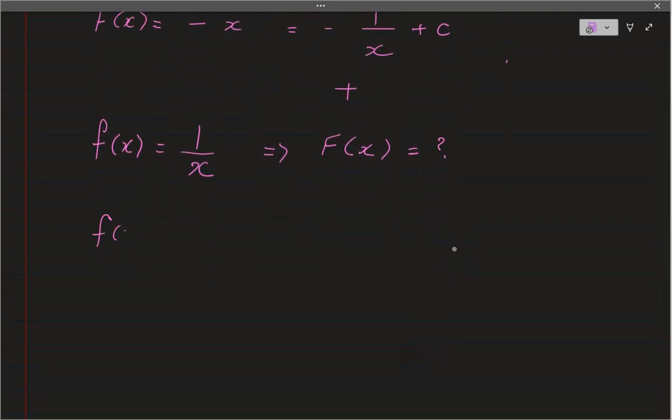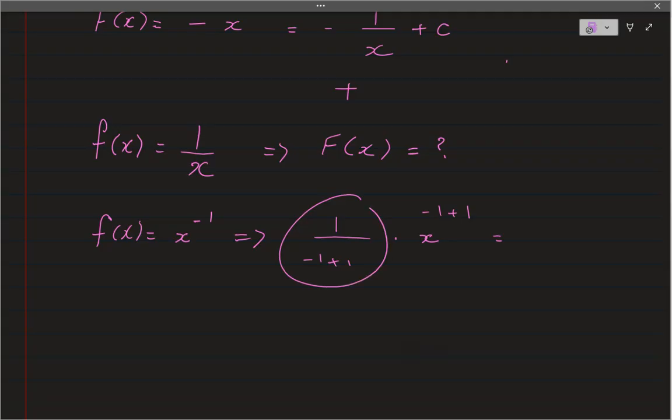So f of x equals x to the -1, and if you want to do the antiderivative, this would be 1 over -1 plus 1 times x to the -1 plus 1. Well, you've got a problem right here. And this will never work, because you cannot have 1 over 0.